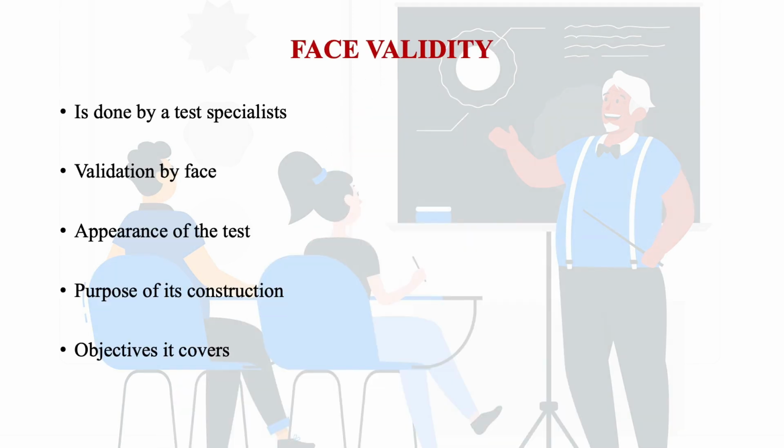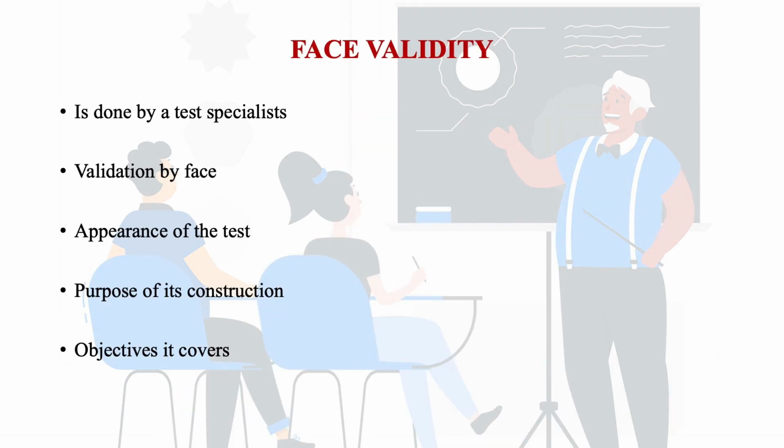If it is an achievement test, the expert will check whether the items are related to achievement or not, whether the items are related to the subject of that standard of students or not. Just by going through the items and appearance, the expert will say that yes, the test has face validity.